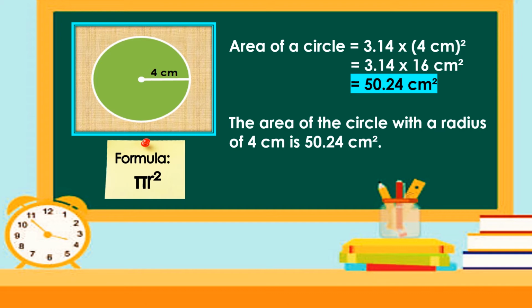So 3.14 times 16 square centimeter is equal to 50.24 square centimeter. The area of the circle with a radius of 4 centimeter is 50.24 square centimeter.